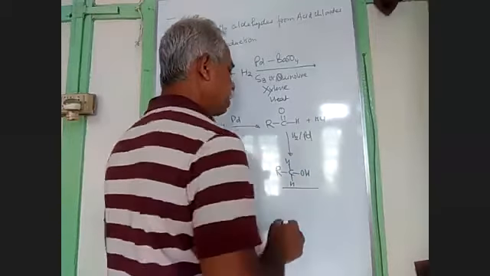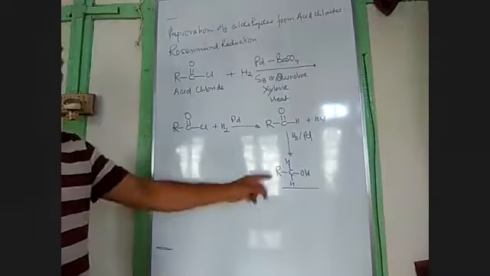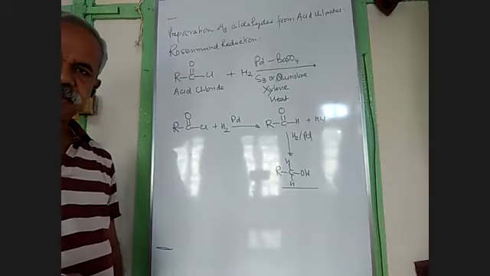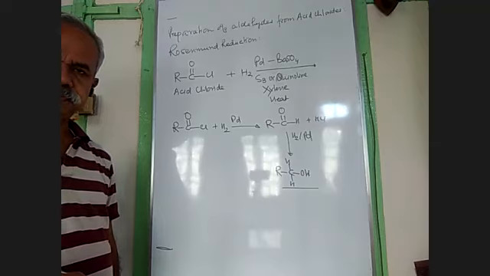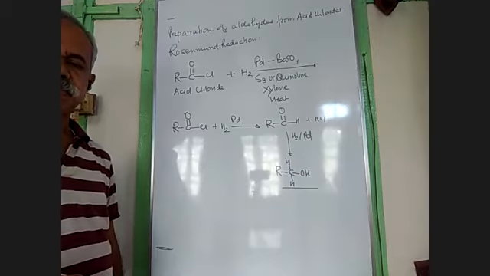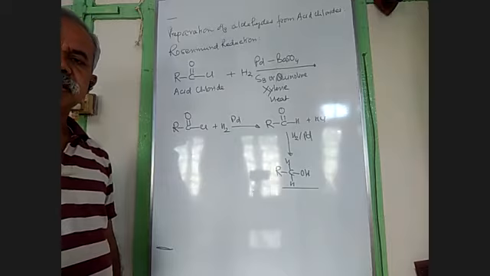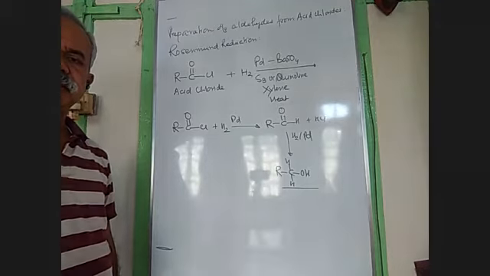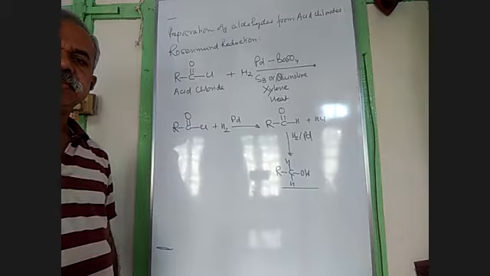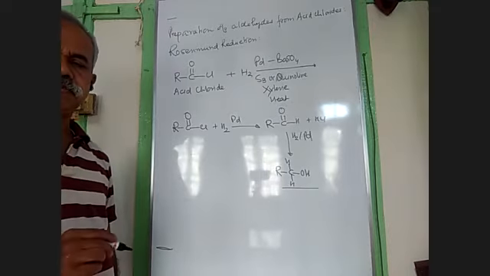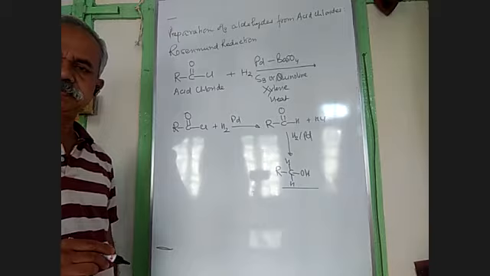So our purpose is not to get alcohol. Our purpose is to get aldehyde. Then what should you do? In that case, the second reduction we have to stop. How can we stop the second reduction? By decreasing the efficiency of the catalyst. So any reagent which is being used to decrease the efficiency of catalyst, these are called poison. We call it catalytic poison.